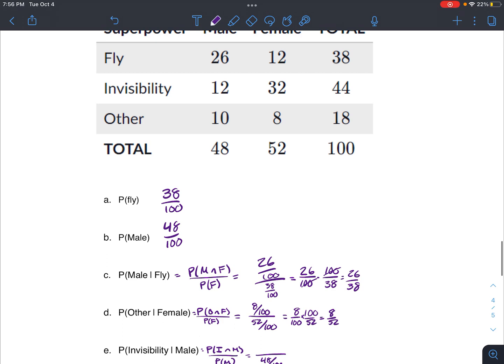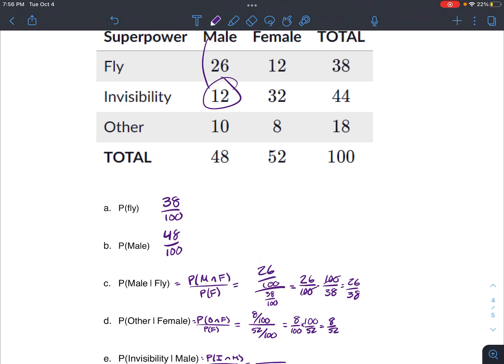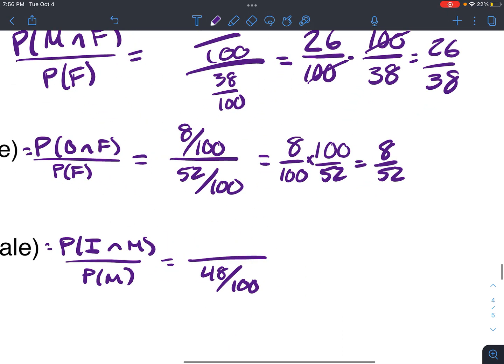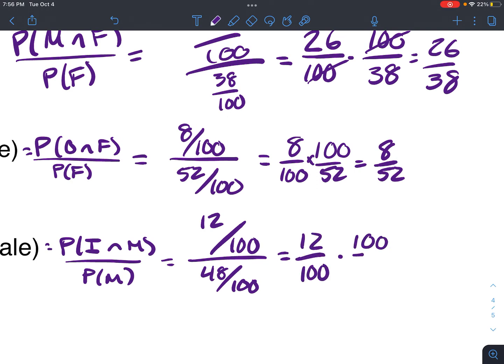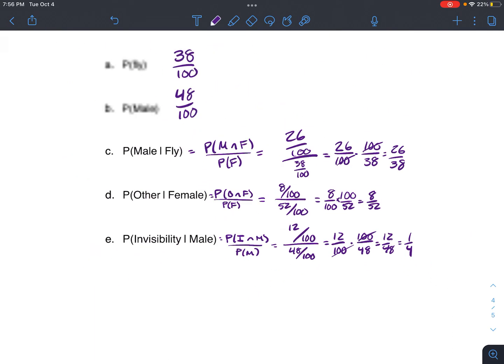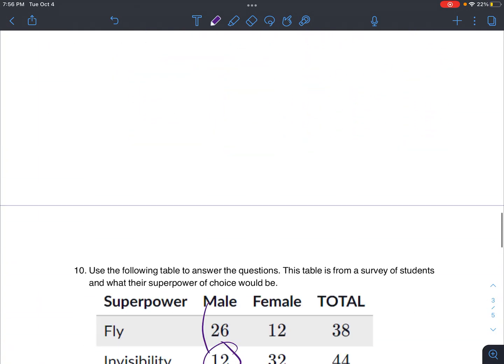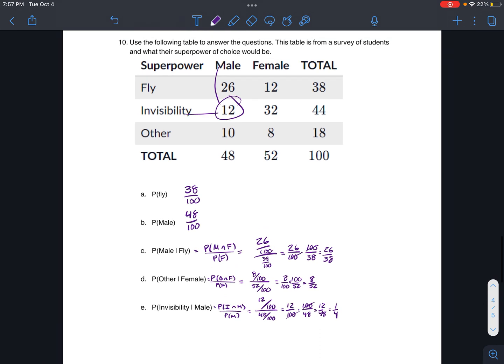And the probability of invisibility and male is the intersection of male and invisibility, so it's 12 over 100. Oh, this is a nice one. When we're multiplying by the reciprocal, 48 crosses out, 12 over 48, and that becomes 1/4. I'll leave this on the screen because I went through that really fast.